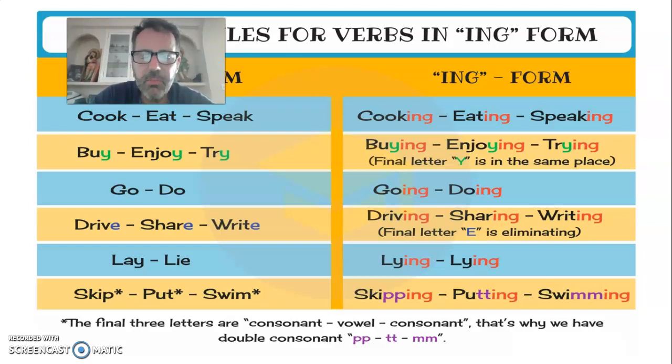I'm pronouncing both P's, so skipping goes with two P's. Swimming. You see, I'm pronouncing both M's, even though it doesn't look like it. So that's why I have to put two M's. Every word where you repeat the last consonant, you have to repeat it.